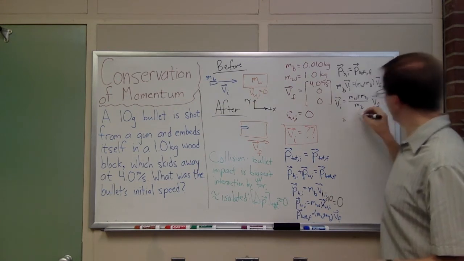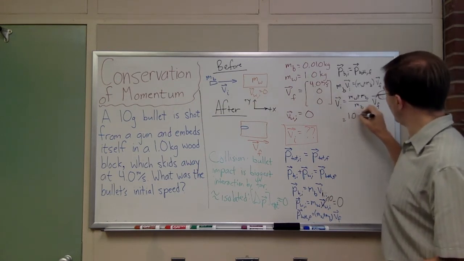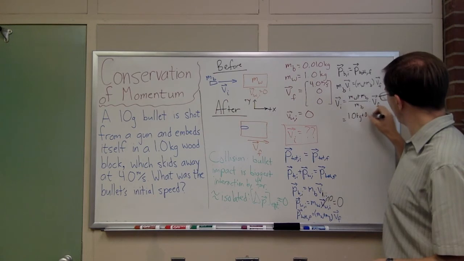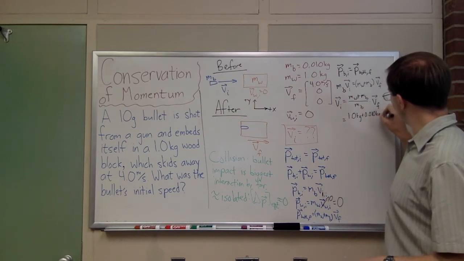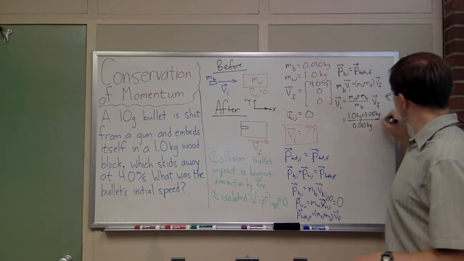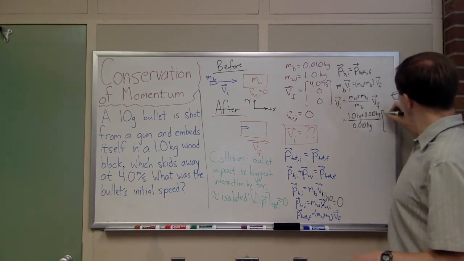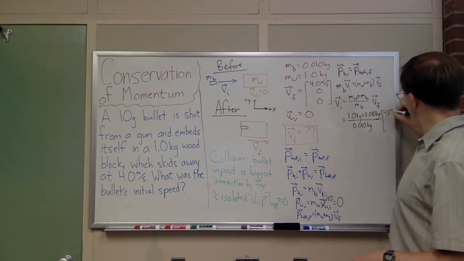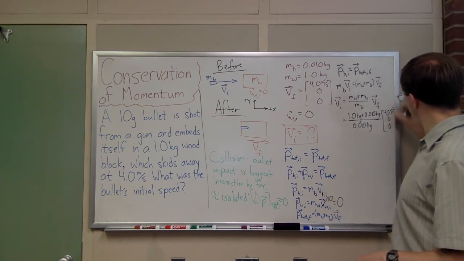And see that this is equal to mass of the wood is 1.0 kilograms plus 0.010 kilograms over 0.010 kilograms times my column vector 4.0 meters per second, 0.